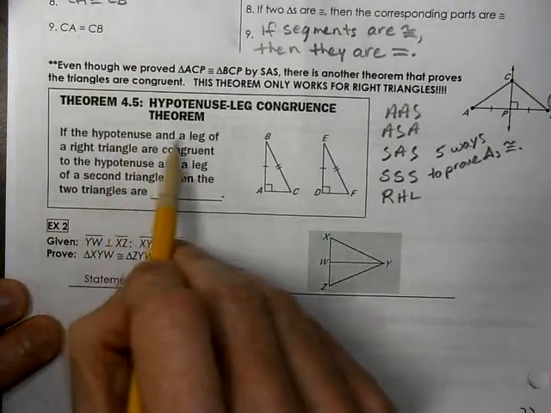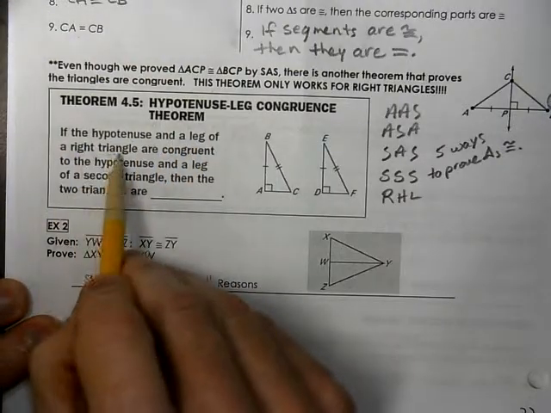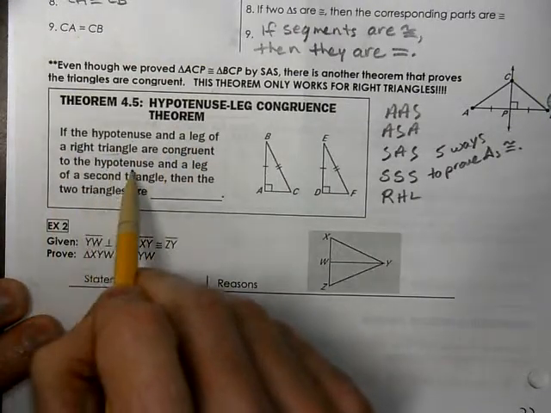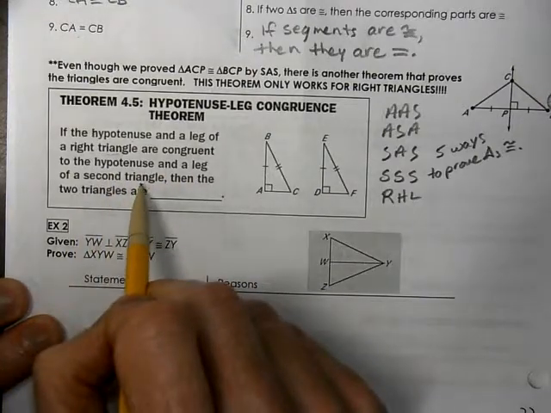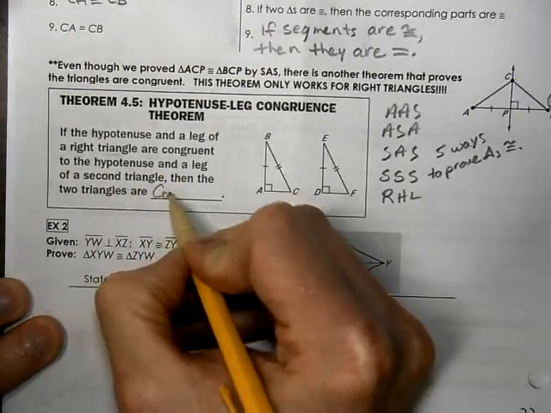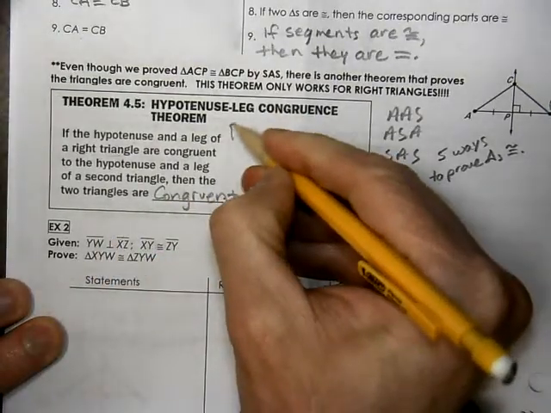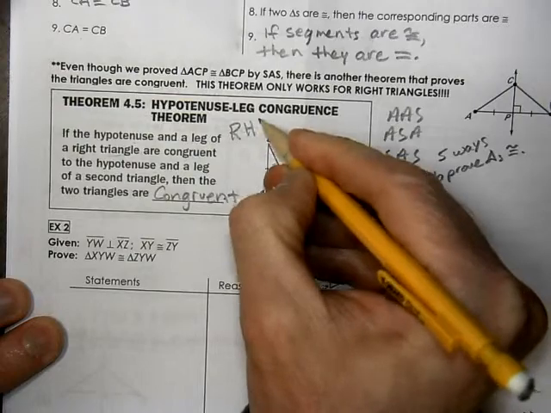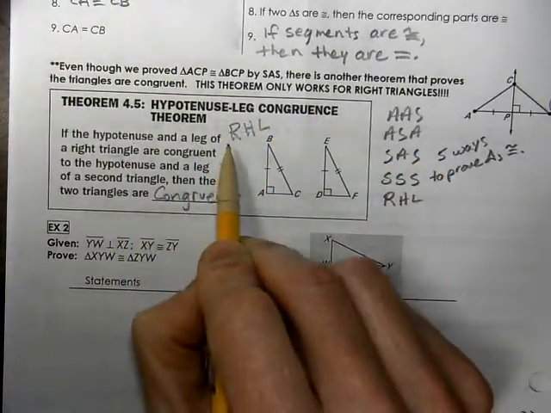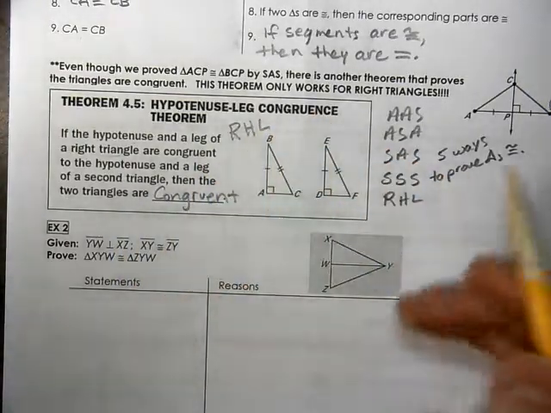If the hypotenuse and leg of a right triangle are congruent to the hypotenuse and leg of a second triangle, then the triangles are congruent. We're going to call this RHL. Right triangle, hypotenuse, leg.